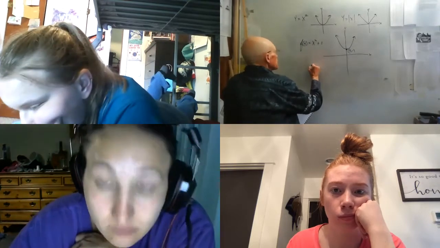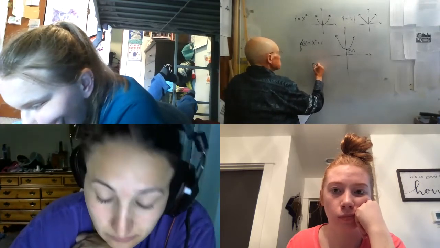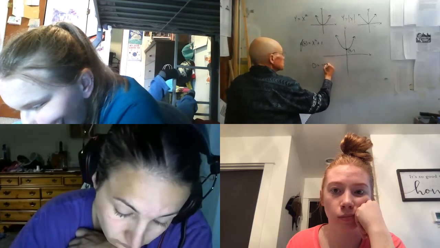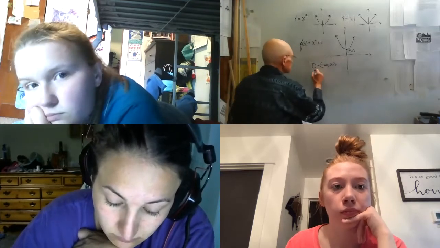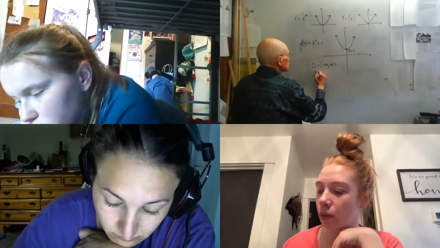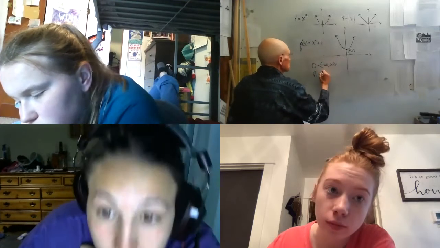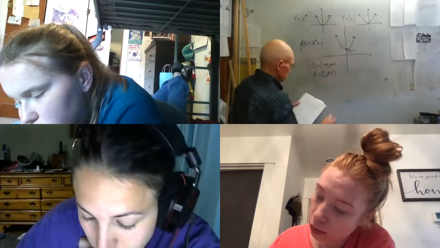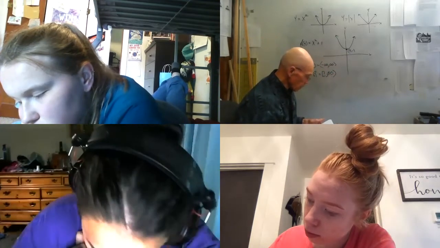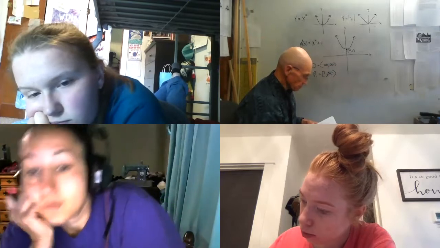The domain is negative infinity to infinity. There's no possibility of division by 0. There's no possibility of taking a square root of a negative number. And the range equals 1 to infinity, doesn't it? Okay, and we've graphed it. Now let's do another one.